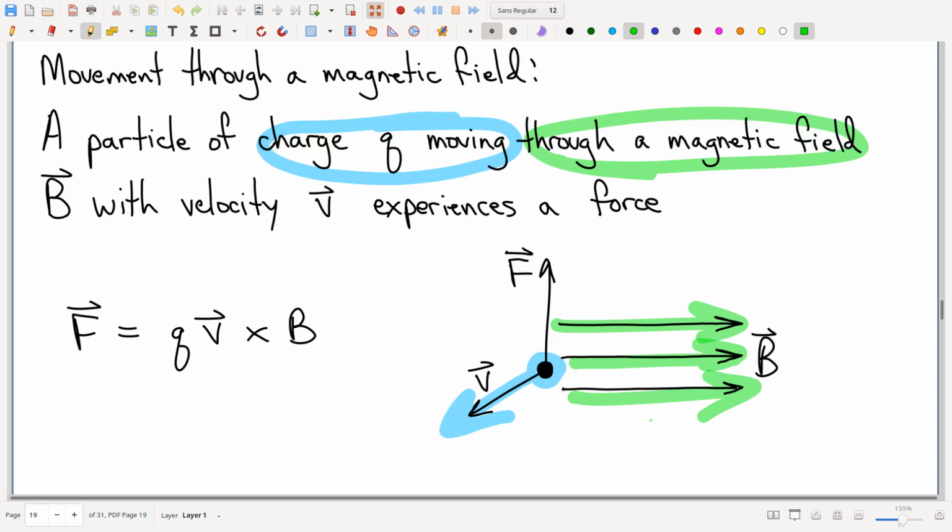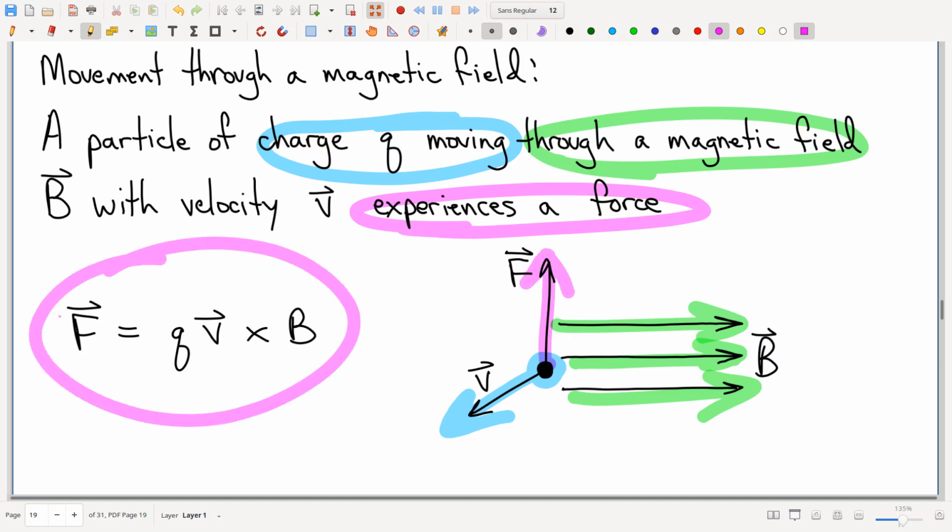But it turns out that in this scenario, there is a force applied to the charged particle. Very counterintuitive. It's unexpected. But this is how it was. This is very empirical. The force is that way, and the force is a cross product of the movement of the charged particle and the magnetic field that it's moving through.